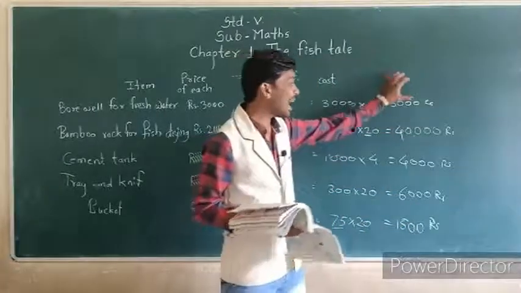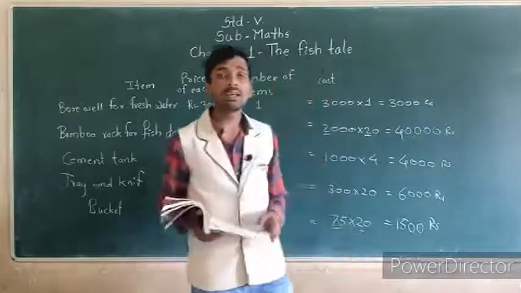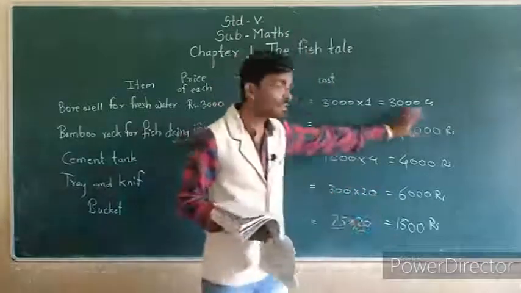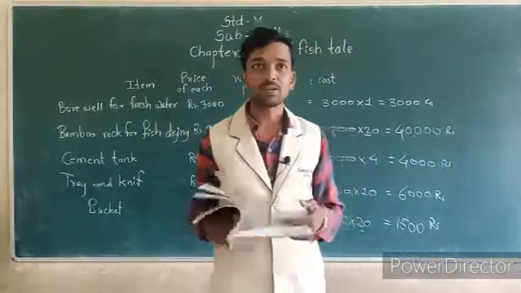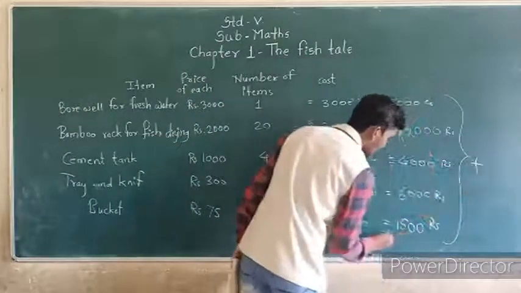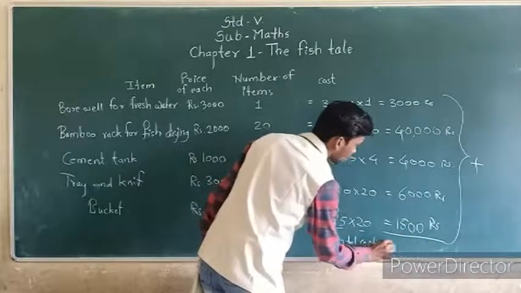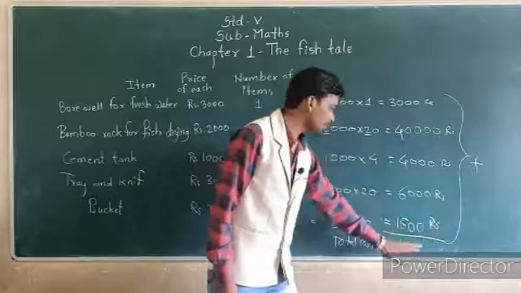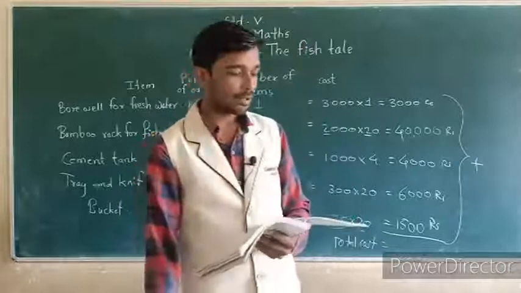When we add all of this, we will get the total cost to set up the factory. So you can do this addition. You can add all the numbers and find the total cost to set up that factory. All of you understood what we did? Understood? We can go next.